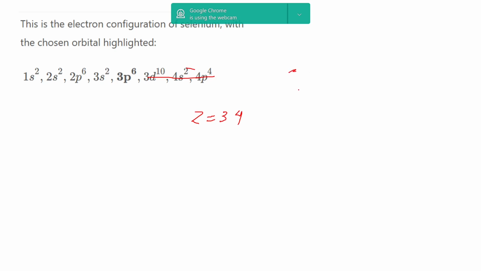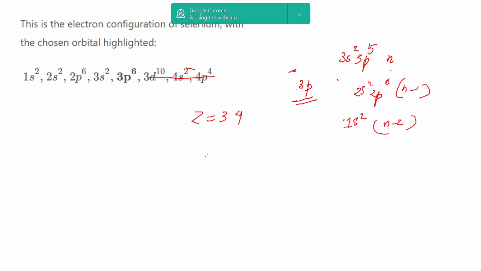Okay, so we are looking at the electron in this 3p orbital. So we have 3s2, 3p5 in the n shell. Then 2s2, 2p6 is the n minus 1. Then 1s2 is the n minus 2, right?